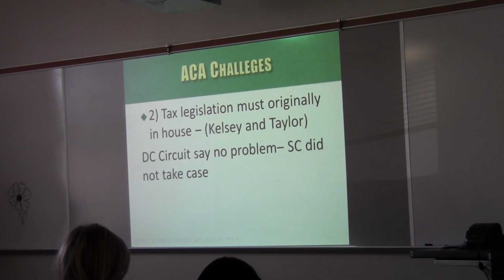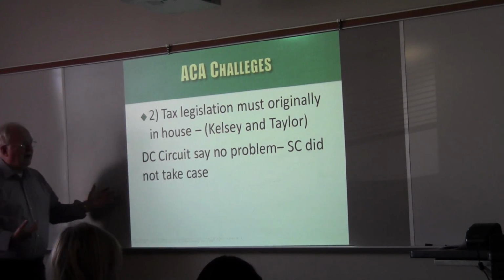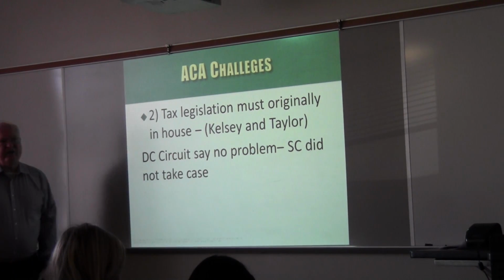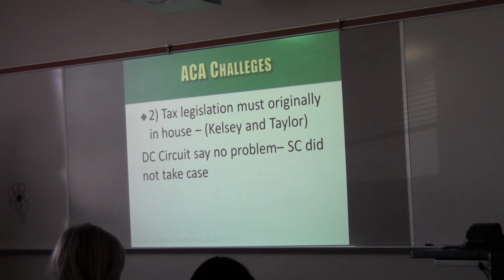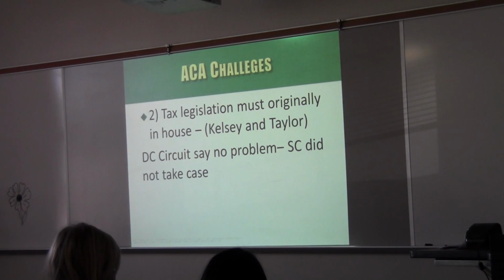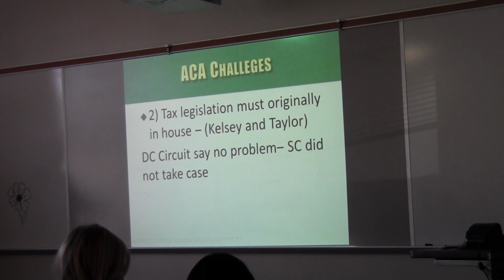And the argument from the challengers was that bill originated in the Senate, and therefore it was unconstitutional. DC Circuit says that's not a problem because what they found is they found a tiny piece of legislation that originated in the House, and then the Senate added a 2,400-page amendment to it. And therefore, the DC Circuit says that's not a problem.